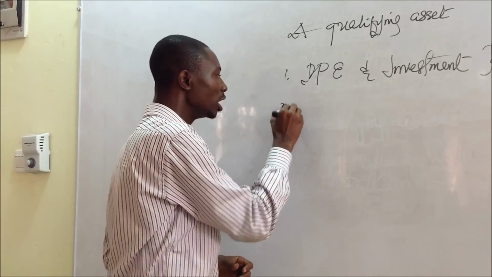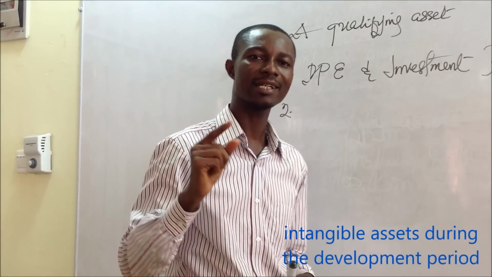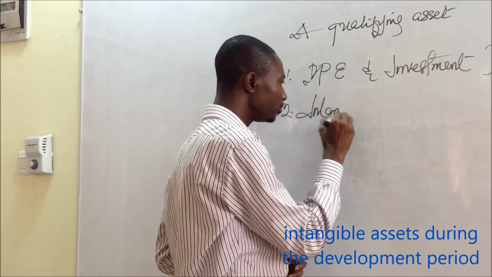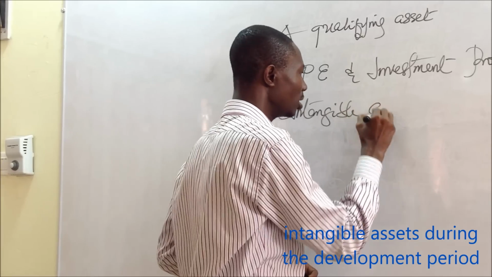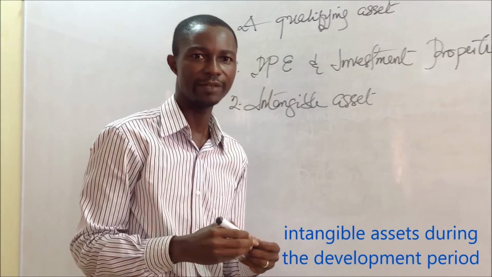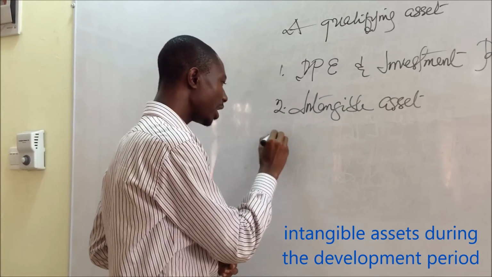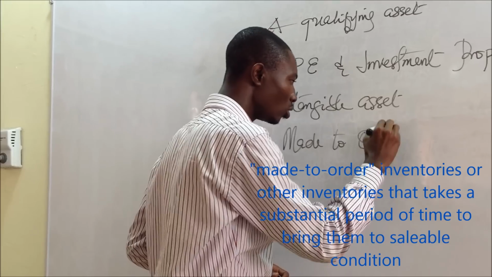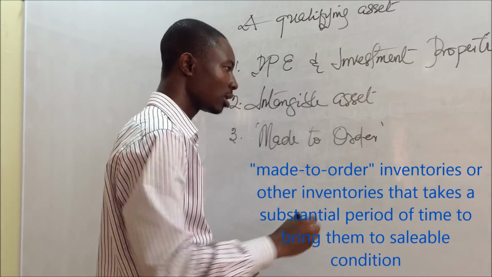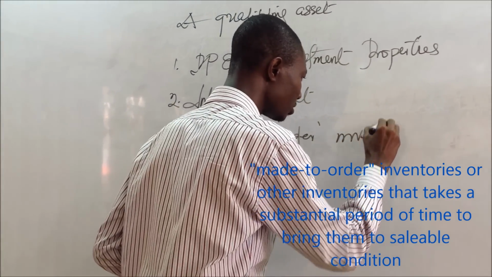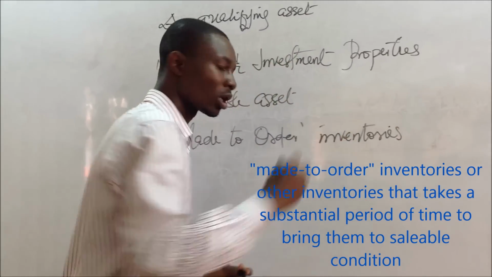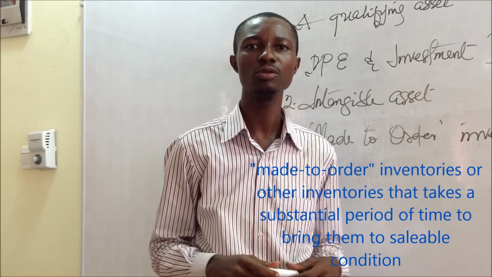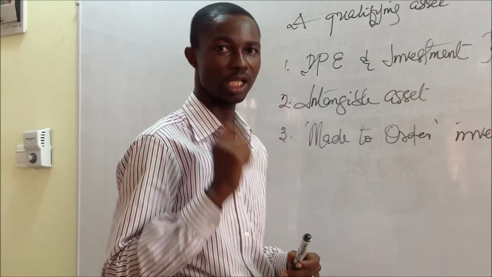It could also include intangible assets during the development period. Then 3, it could include made to order inventories or other inventories that take a substantial period of time to bring them to their saleable condition.